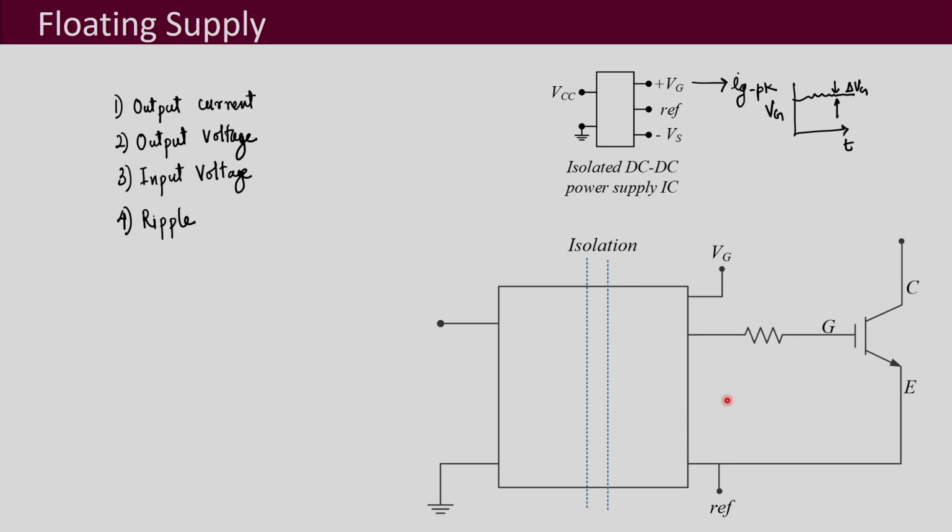So that is why the ripple in the voltage plays a very important role for this floating supply. It should be as stable as possible, as ripple free as possible. So the ripple content in VG you should be checking for the power supply ICs you are going to use. Then next one is your coupling capacitor.